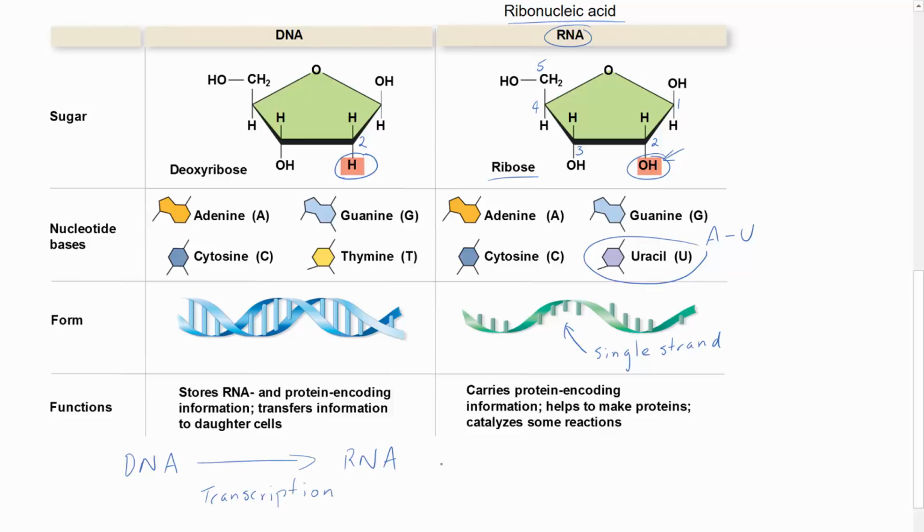Whereas RNA contains the code to create proteins through a process called translation. DNA also transfers information to daughter cells through the cell cycle, and we'll get into these processes in much more detail.